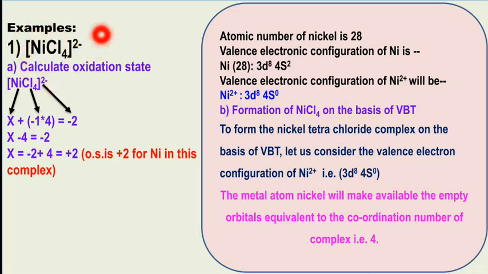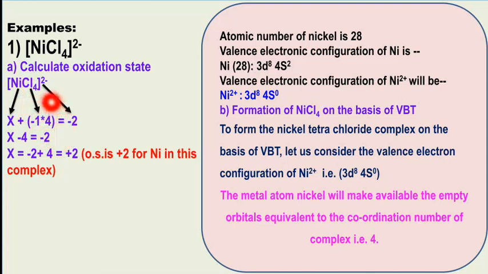So you can see the complex. Initially, we have to calculate the oxidation state of the central metal atom in the complex. Here the central metal atom is nickel, and we have to calculate the oxidation state of nickel in this complex. Assume the unknown oxidation state of nickel as x. The charge on the chloro ligand is -1, and there are 4 chloride ligands, so -1 into 4.